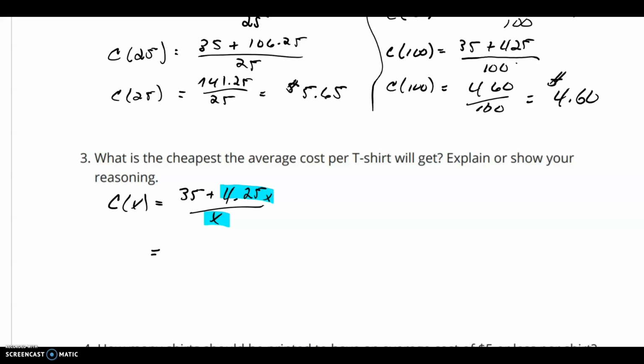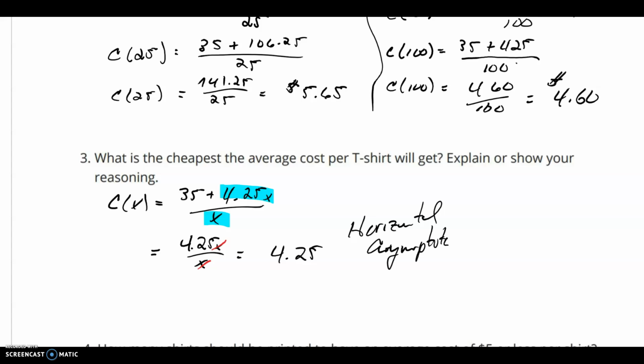So when I simplify that out, 4.25x divided by x, the common factors of x cancel. And this is equal to $4.25. So what's the cheapest the average cost will get? Well, this is my horizontal asymptote. So I know that t-shirts are never going to get less than $4.25 apiece.